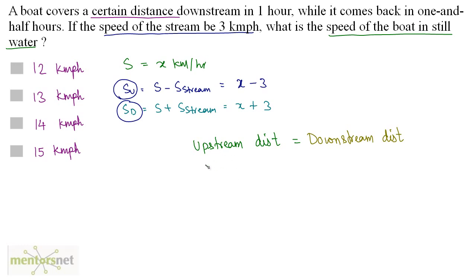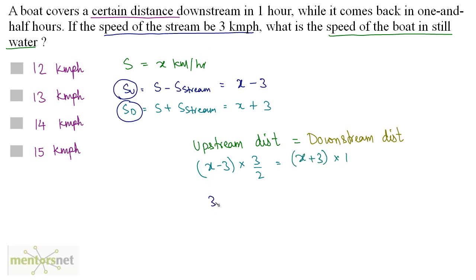So it is x minus 3 times 1.5 hours, that's 3 by 2, is equal to the downstream distance, which is the downstream speed times the time it takes to come downstream, that's 1 hour. So x plus 3 times 1.